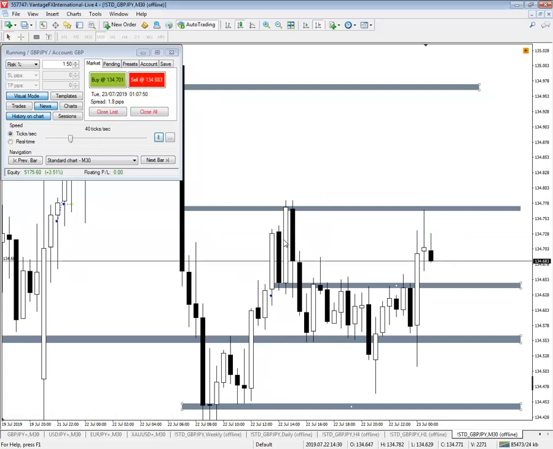So I'm just gonna write down here. So that would be the 23rd, the Asian session. So how we can summarize the Asian session was there was no trade.